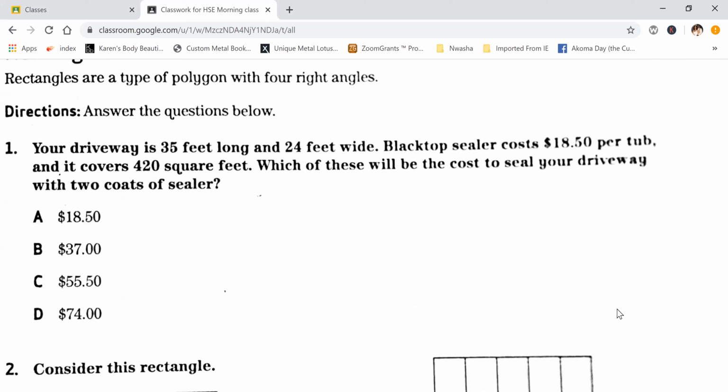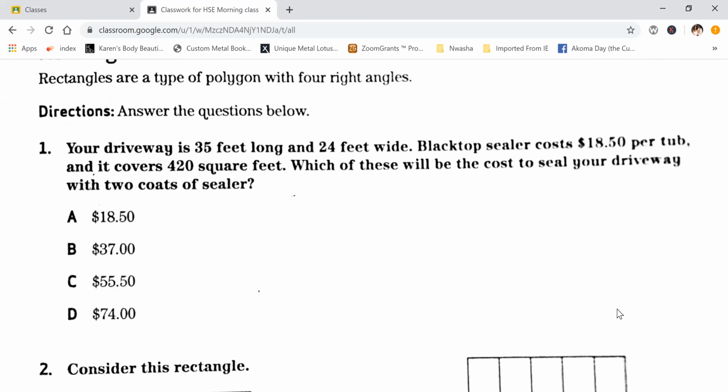I know some people, we did the survey last week, some people are working from your cell phone. This one says your driveway is 35 feet long and 24 feet wide. Blacktop sealer costs $18.50 per tub, and it covers 420 square feet. Which of these will be the cost to seal your driveway with 2 coats of sealer?